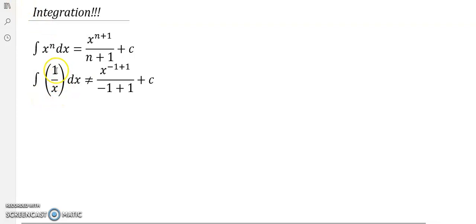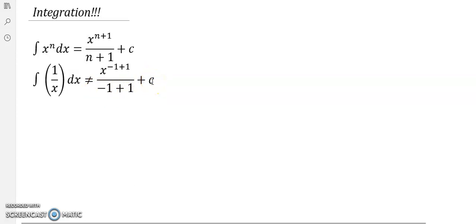We have the integral of 1 divided by x. 1 divided by x is nothing but the inverse of x, which can also be written as x to the power -1 plus 1, all divided by the exponent -1 plus 1, plus the constant c.